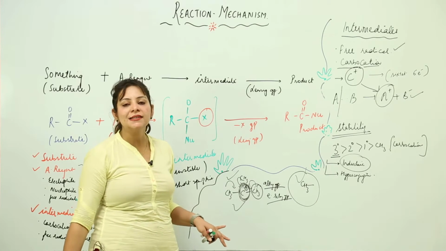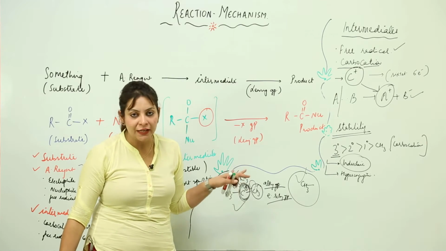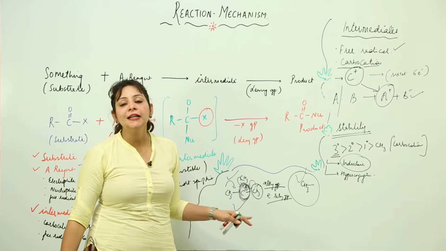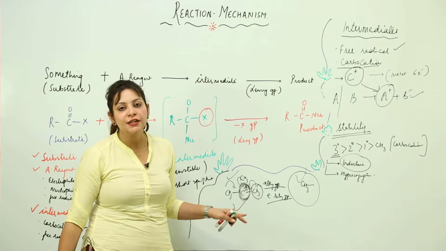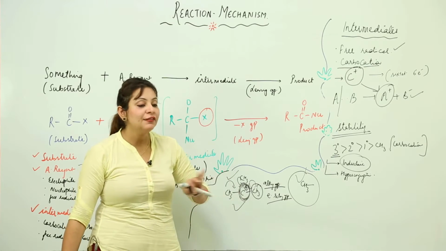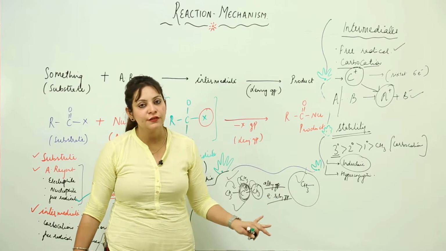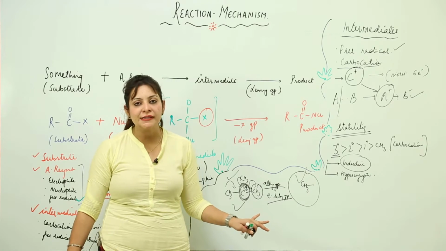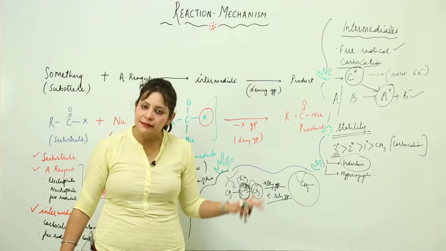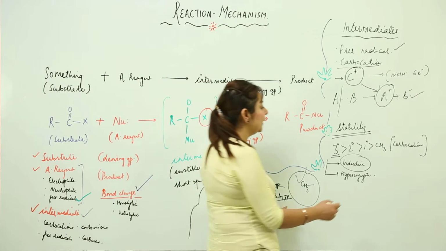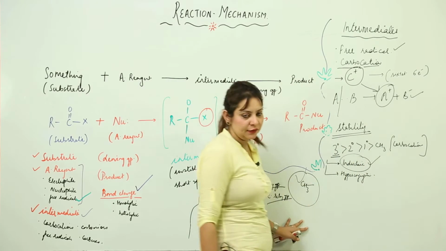The reason is the alkyl groups attached to it, because alkyl groups are electron releasing, they show the plus I effect. They have the power to release electrons, and when they release, they neutralize the positive charge, there is more dispersal of charge, and there is more stability. So this is how you can explain it on the basis of inductive effect.